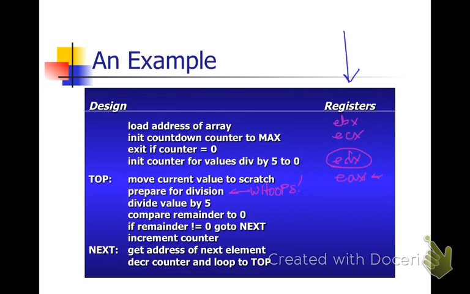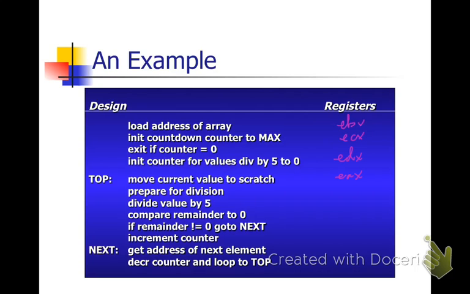My solution is use the runtime stack. So right here, and I'm going to erase everything. We'll go back and make some notes. So I'm using EBX, ECX, EDX, and EAX.